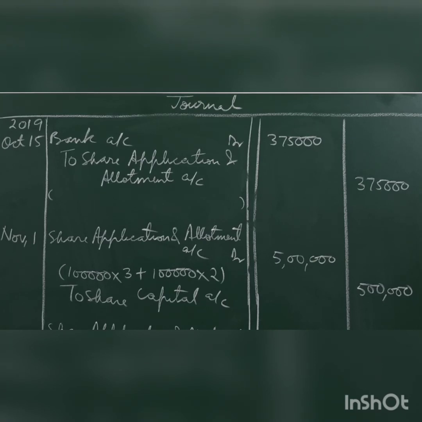To share capital account, 5 lakh being application money on 1 lakh shares at the rate ₹3 and allotment money due on 1 lakh shares at the rate ₹2 to transfer to share capital account. Then refund of 5,000 share money entry would be share application and allotment account debit to bank account with rupees 15,000.